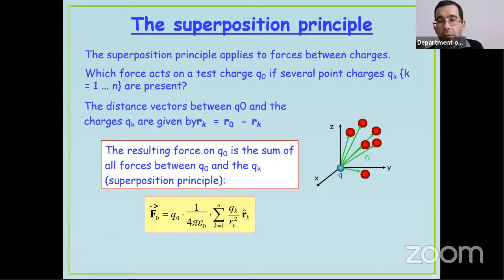So if now we have one central charge, denoted by Q, and electrostatic forces, Coulomb forces, are acting on it by many other charges, these are the red charges, then we have to calculate the Coulomb force according to the previous formula for each and every red charge, and then we have to sum these force components up. This is the superposition principle.